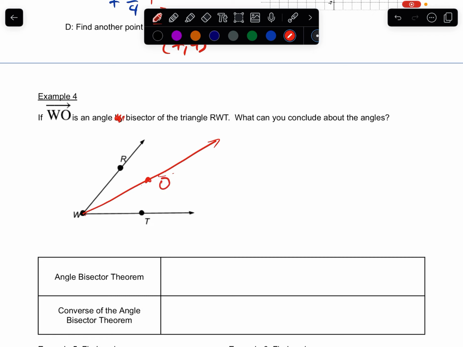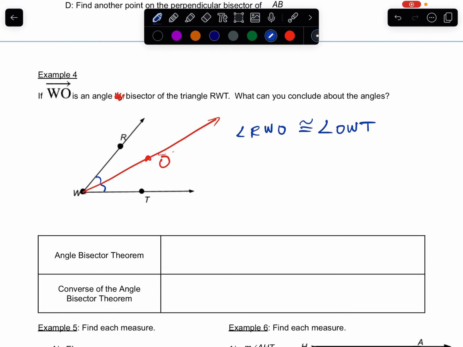Not sure where, but let's say somewhere here. So what can we conclude? Well, since WO is an angle bisector, then I know that these two angles must be the same, right? So angle RWO must be congruent to angle OWT.